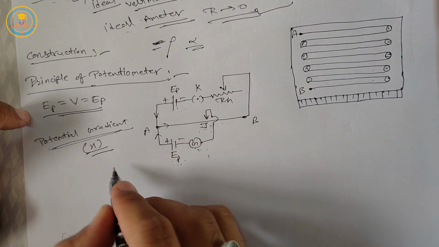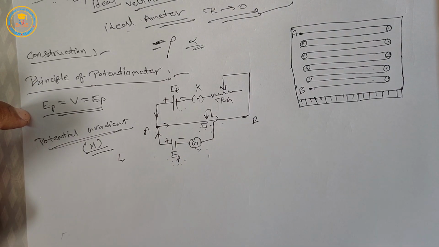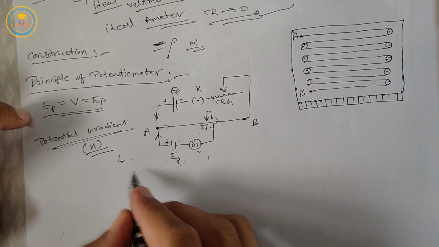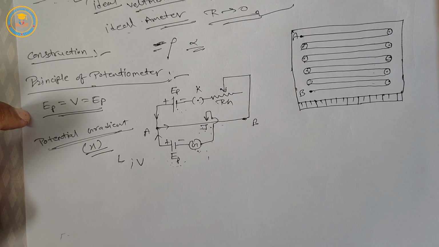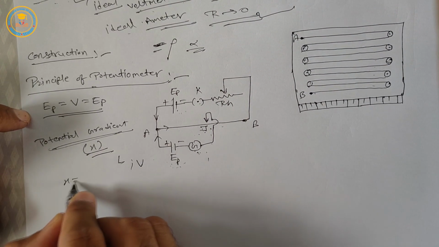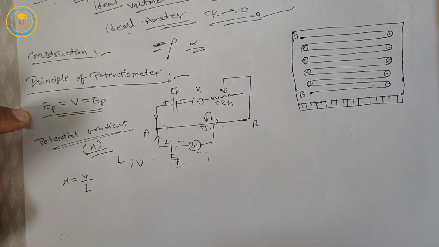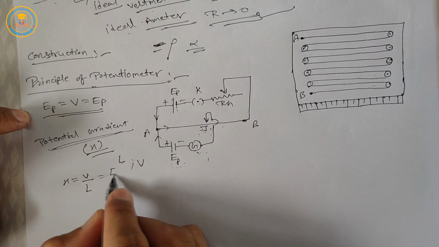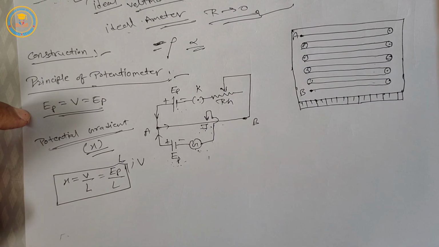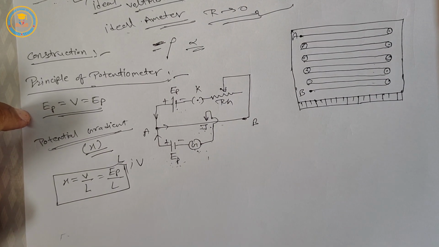If we have a length of wire capital L and the potential difference between the ends of this wire is capital V, then according to the definition of potential gradient, x is equal to V upon L, or we can write EP upon L. This is the potential gradient of a potentiometer.